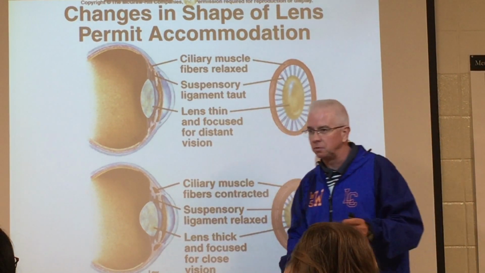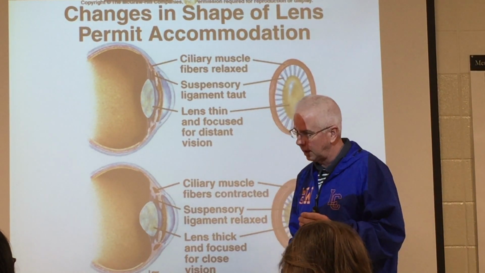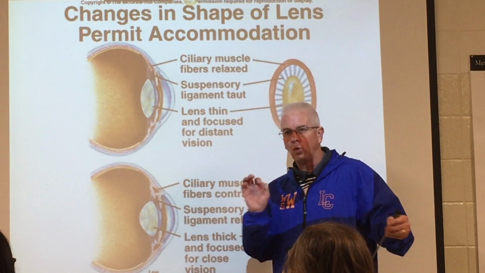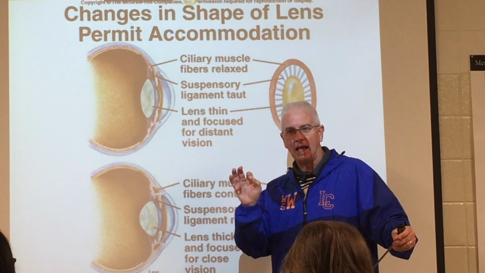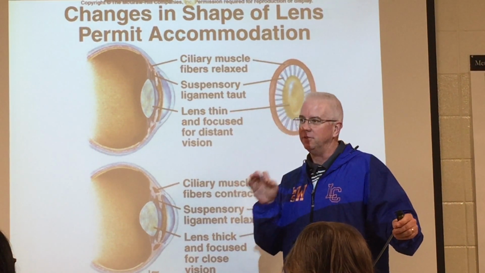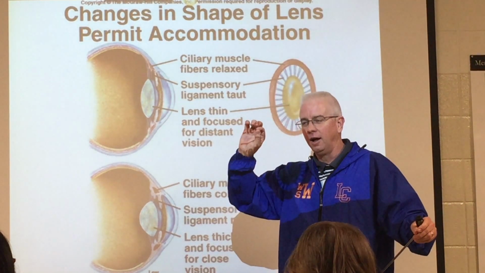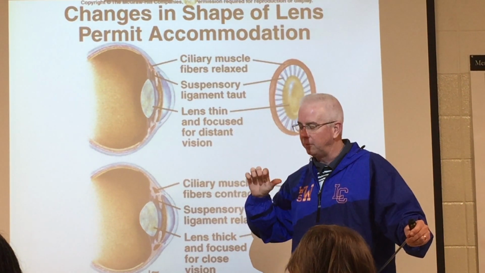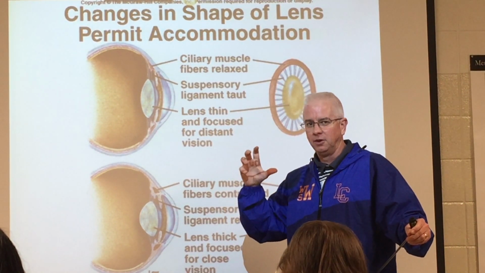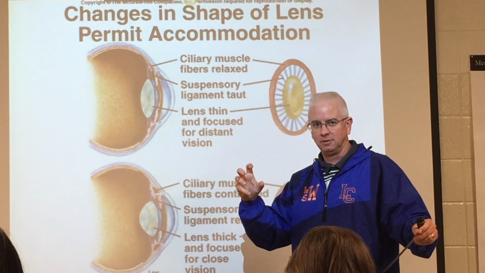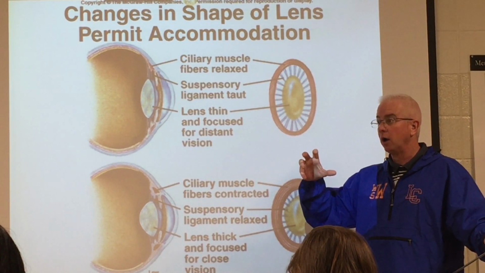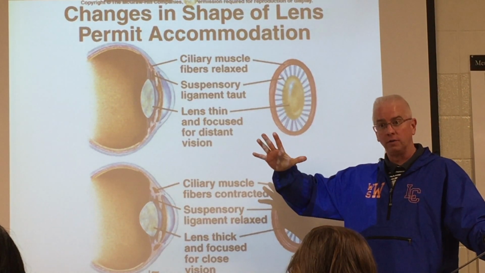And it's interesting because this is something also I'll ask you to do in the lab and read about in your lab manual. At 20 feet, this is where the switch is. So if you get closer than 20 feet, you're slightly contracted with the muscle. If you get further away than 20 feet, you're becoming relaxed enough to pull on the suspensory ligaments.